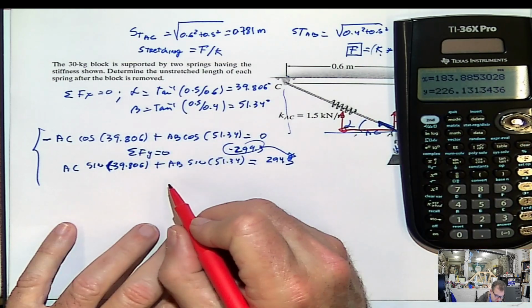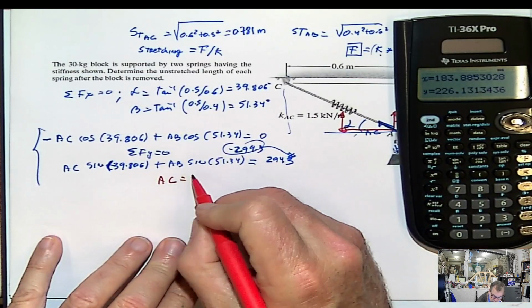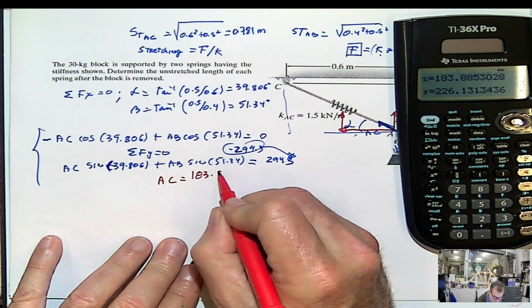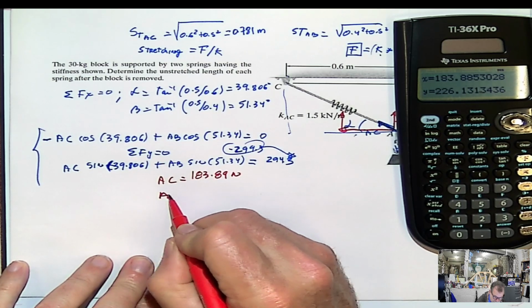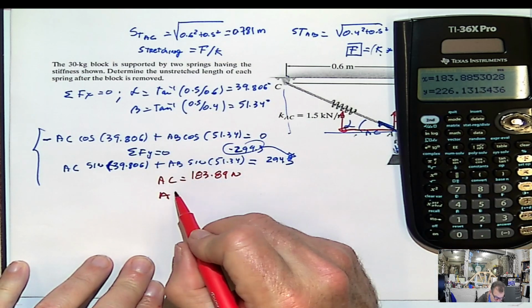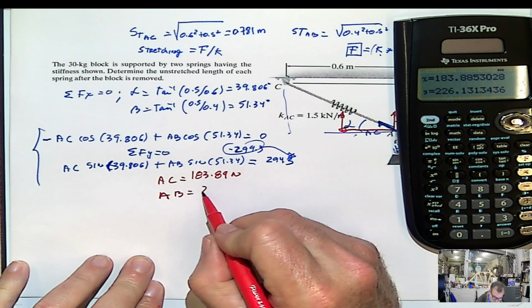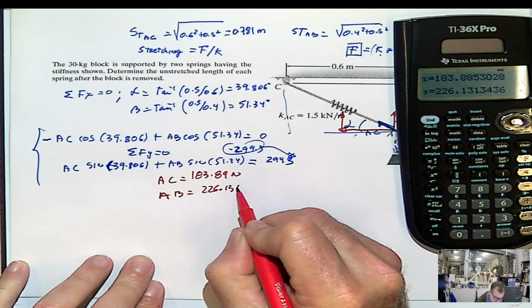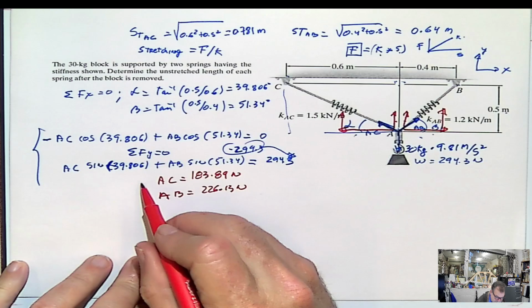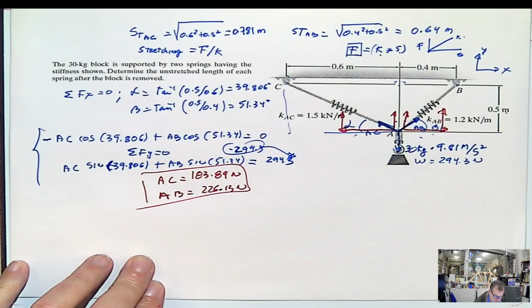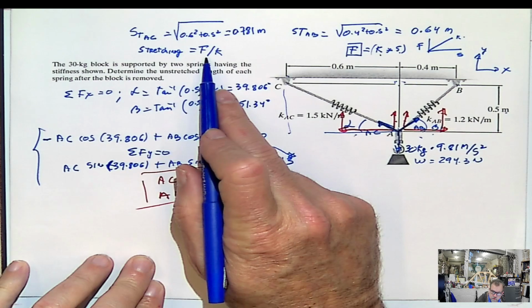X is going to be AC, 183.89 Newton, and Y is going to be AB, 226.13 Newton. Now what do we need to do? These are the forces. We have the forces now for each one of the springs.